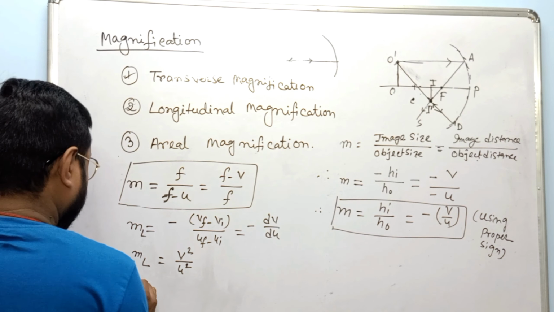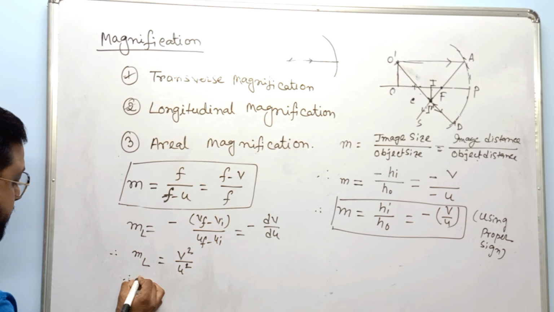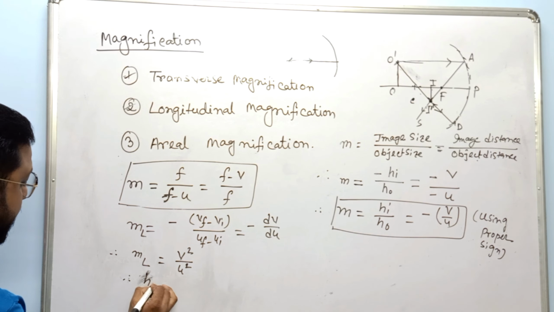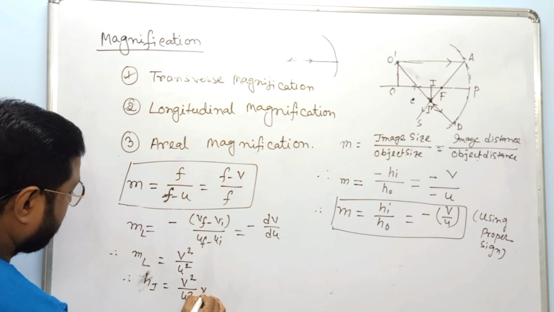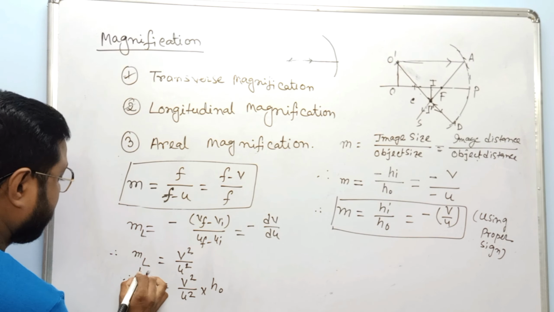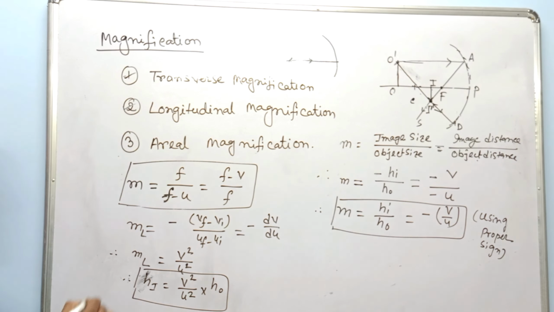So the length of the image, you can say HI, equals v square by u square into HO, that is the length of the object. ML equal to v square by u square.